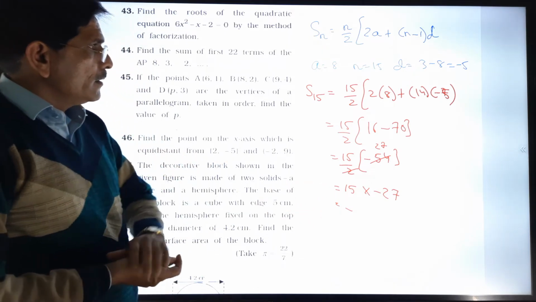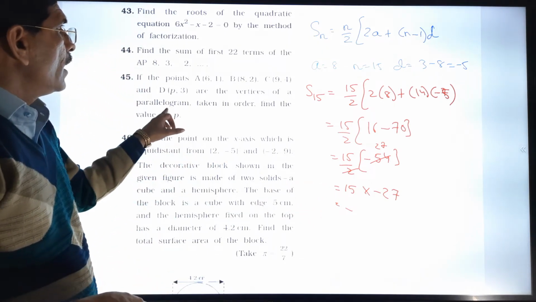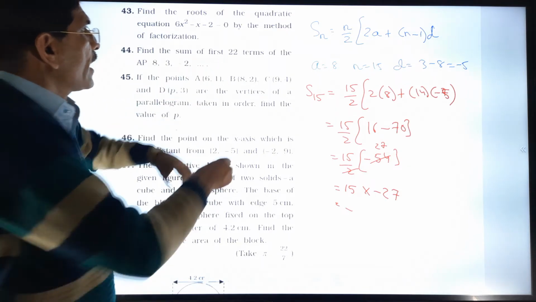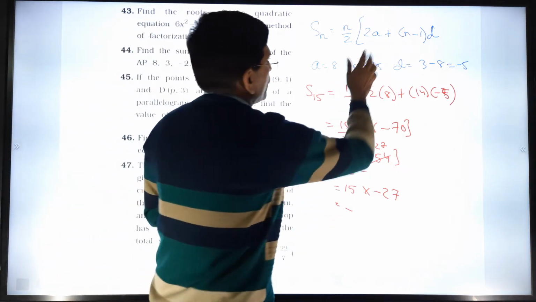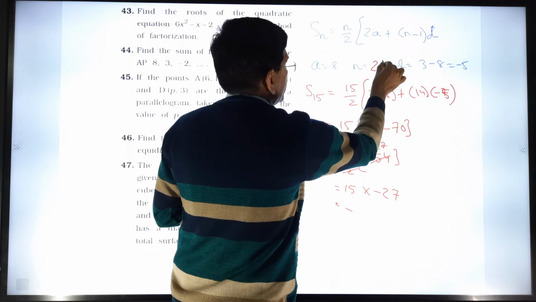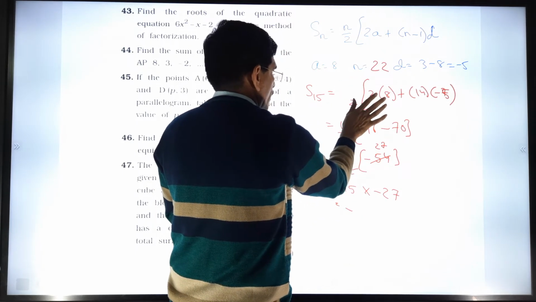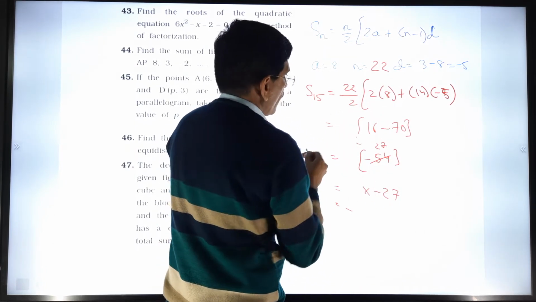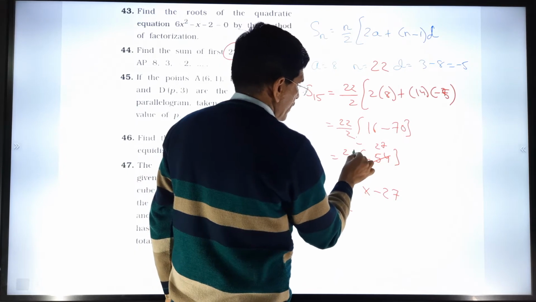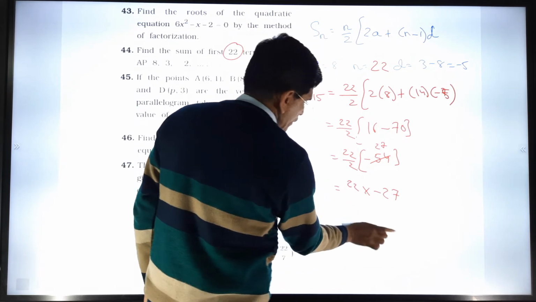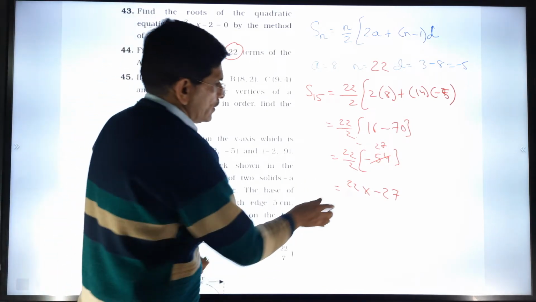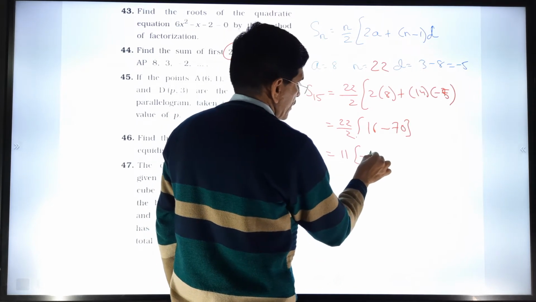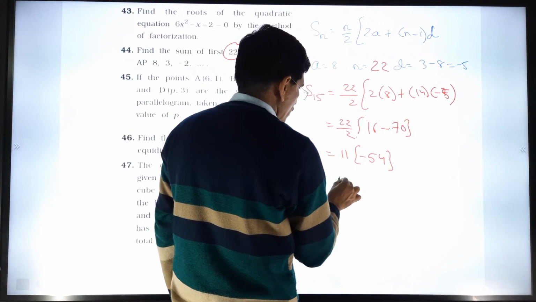So the answer must be negative. See, I am doing a mistake. The question says find the sum of the first 22 terms, so what I am writing here should be 22. Sorry for it. So 22 by 2, we can cancel here, 11 into minus 54.